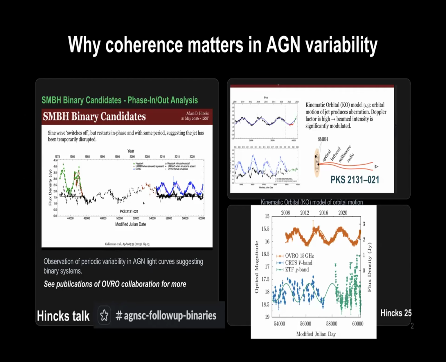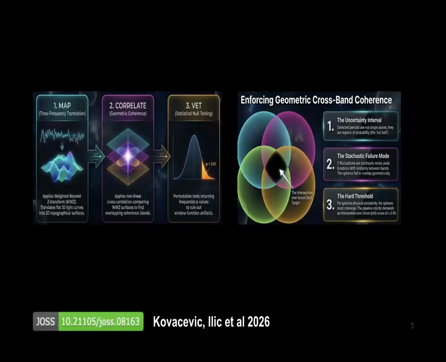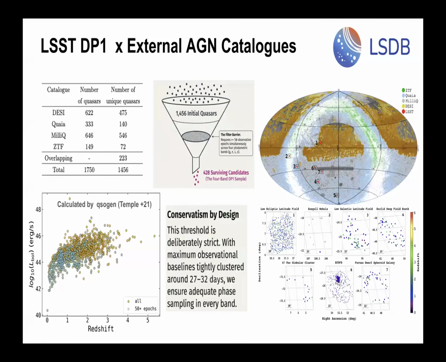So we need radio people, and also X-ray people, and also millimeter people. We had a nice talk from Professor Adam Hincks from the University of Toronto last week, presenting the ACT telescope data, and you can see how much in the optical we have the repetition of information.